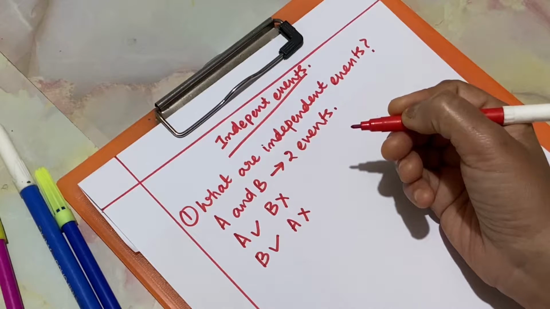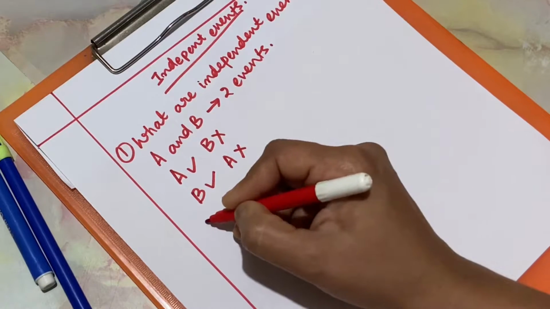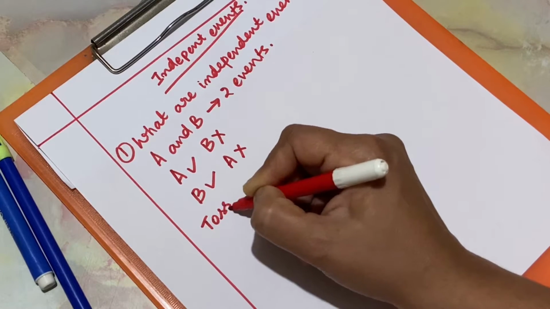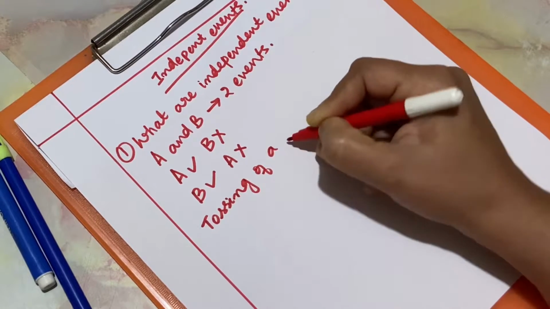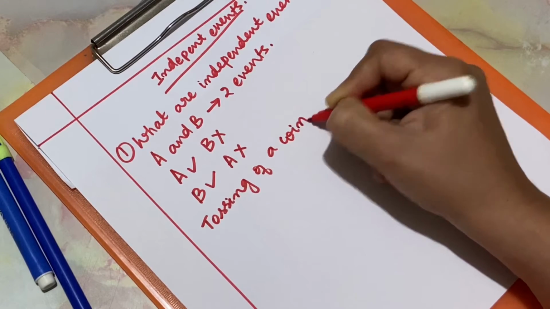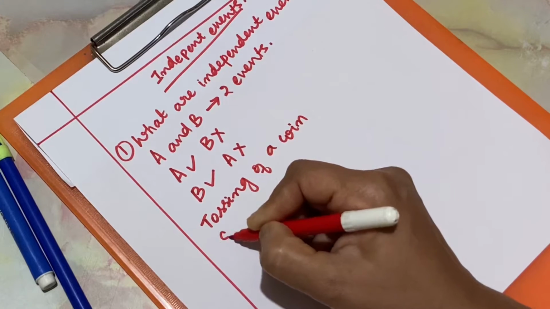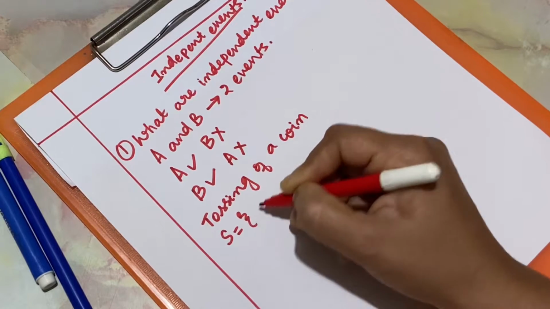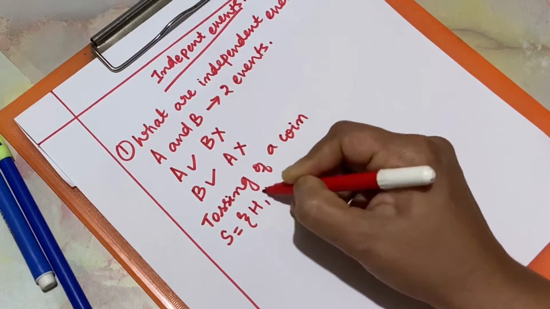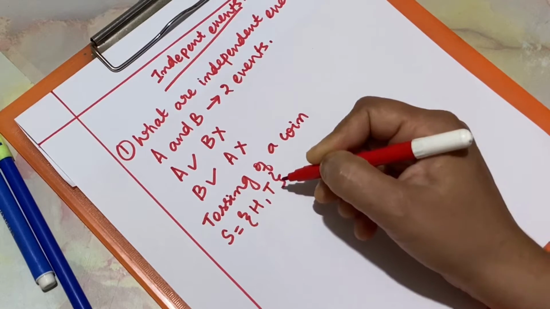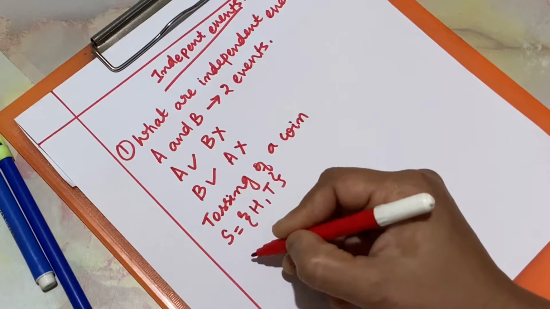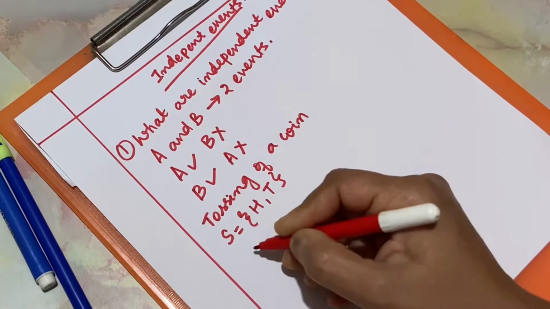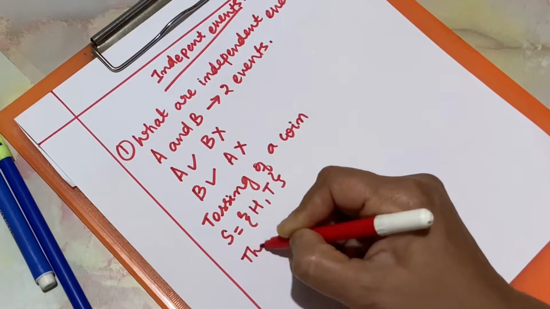To understand this, we'll take an example. Tossing of a coin. The sample space for this is head and tail. When you toss a coin, you can either get head or tail. Another event is throwing a dice.